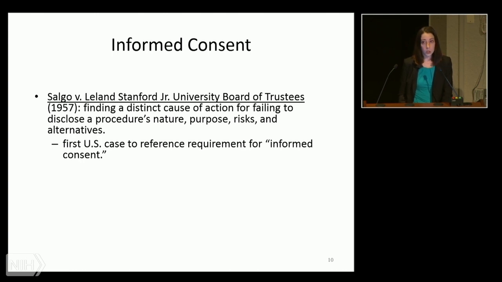The standard used in this case, and which has been adopted and is still the standard today, is the reasonable patient standard, which means what would a reasonable patient in those circumstances want to know. This is as opposed to a reasonable physician standard. So it's a more patient-centric standard that we use in the concept of whether informed consent was satisfied.